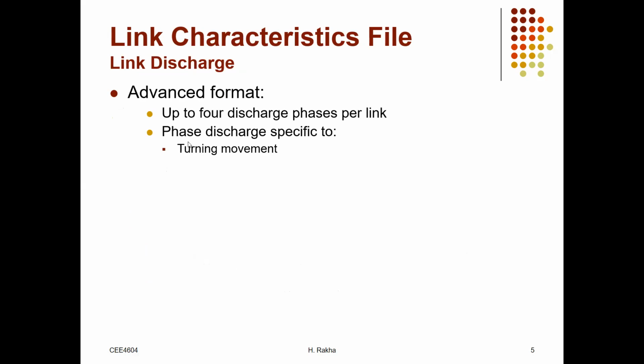All the movements will be discharging during a certain phase, and the maximum you can have for the default is only 2 phases in which a link discharges in. Now, if you want to allow, for example, a protected left turn, then basically during a phase, it's only the left turners that can proceed to the intersection. The through and right turners have to wait.